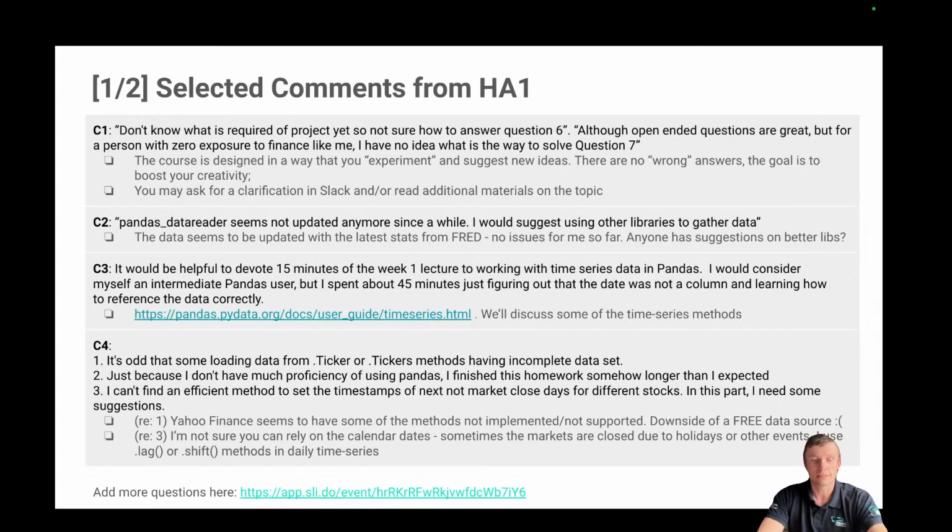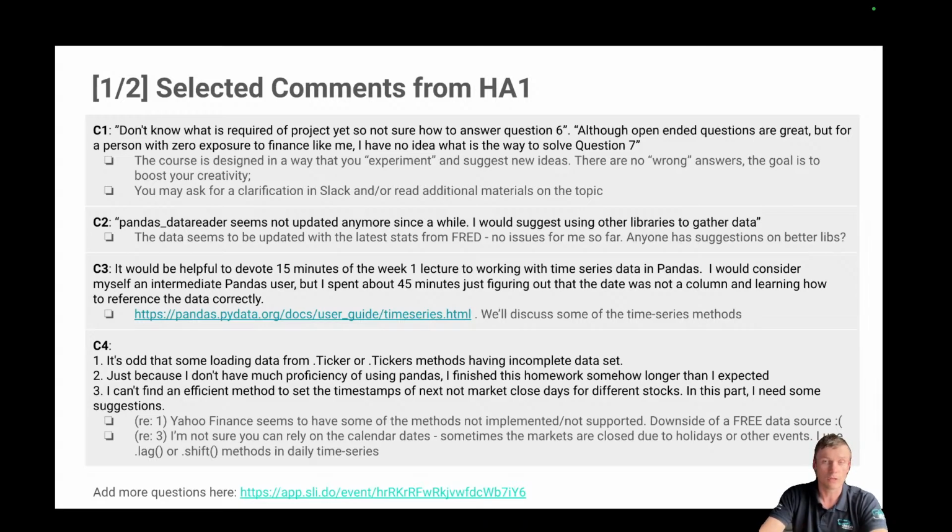Selected comments from home assignment. First, there were a bunch of comments about problems with open-ended questions, question 6 and question 7. So that was intentional, that I didn't ask straightforward questions, but I asked open-ended questions so that you can experiment, you can suggest new ideas, you can think, you can read, and the overall idea is that there are no wrong answers, but please don't submit some random set of words.